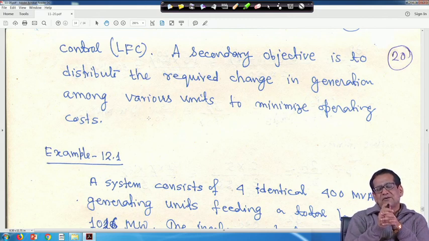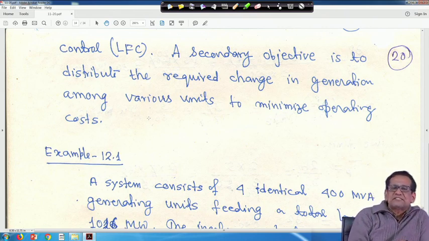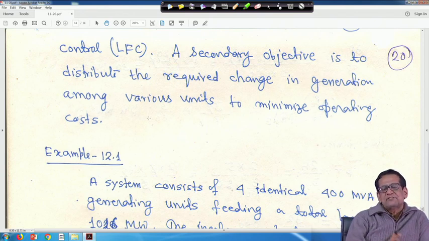But suppose you have a few interconnected control areas, and in a particular area there is an increase of load demand, say 100 megawatts, and you have 3 or 4 different generating units. From economic load dispatch you know that to minimize the fuel cost, you have to optimally distribute that 100 megawatts among all the generators such that your fuel cost is minimum.